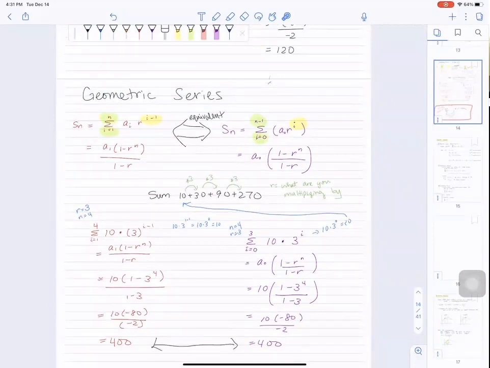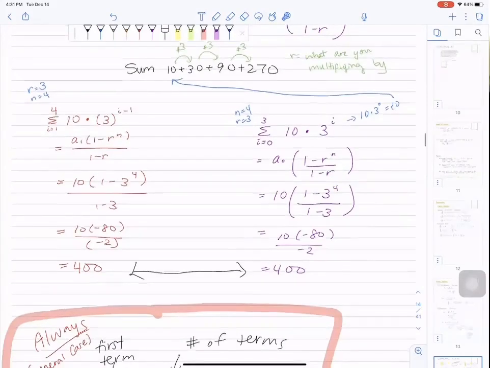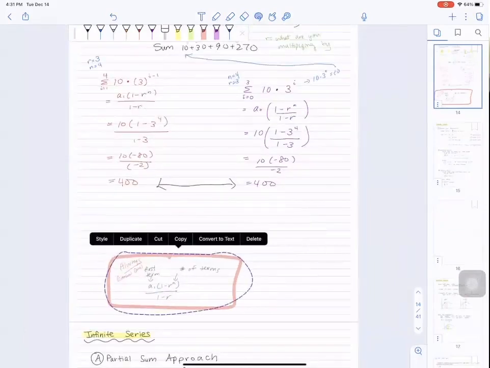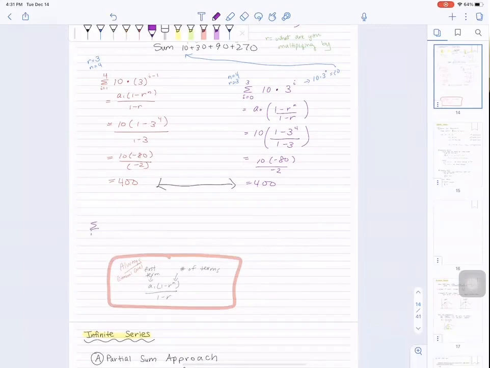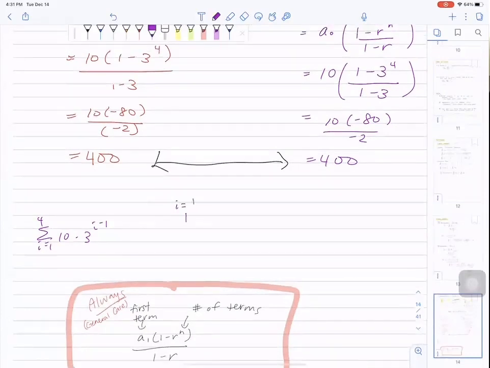i is like a counting variable. It's just like a counter. So i is what you're going to plug in here. In the red, for example, this summation, i equals 1 to 4 of 10 times 3 to the i minus 1, is telling you what term you get when you plug in i equals 1, what term you get when you plug in i equals 2, i equals 3, i equals 4.